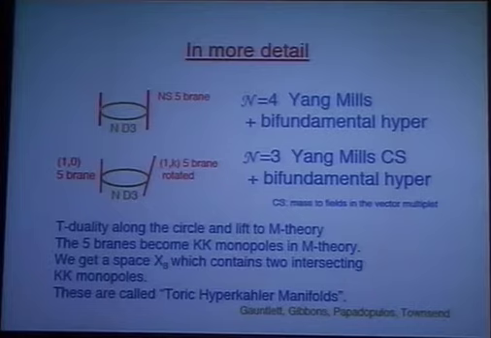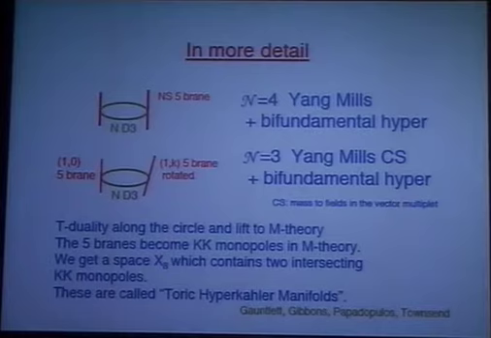Now we take one of these 5 branes and we rotate it in the 3 transverse dimensions, and we also add k units of the 5 brane charge, and these k units of the 5 brane charge are responsible for the Chern Simons term, and then the rotation will give some masses to all the other fields in the Yang-Mills multiplet.